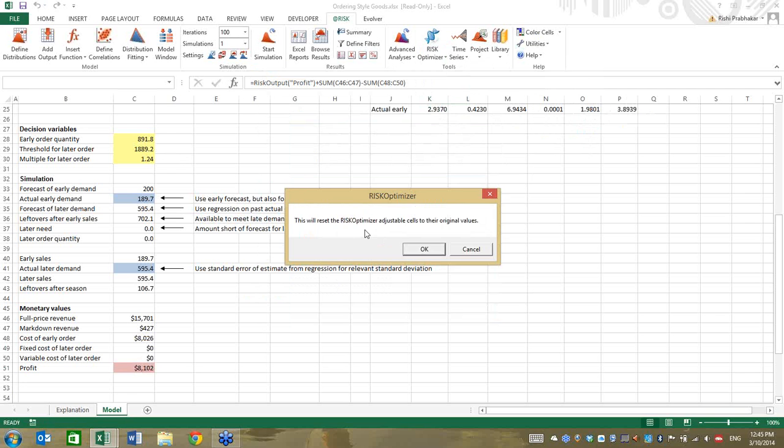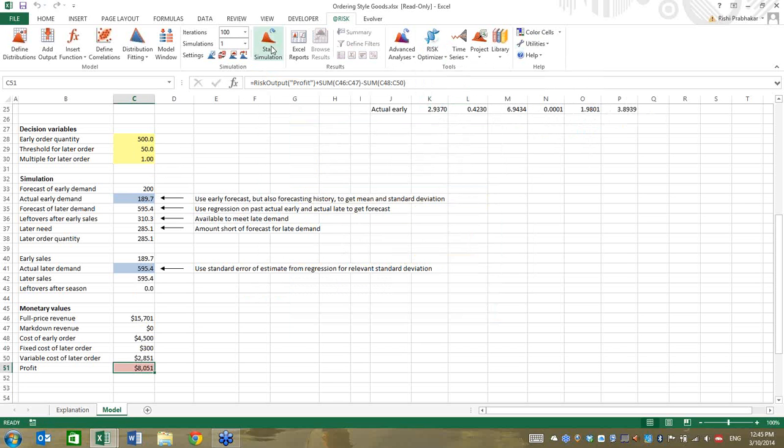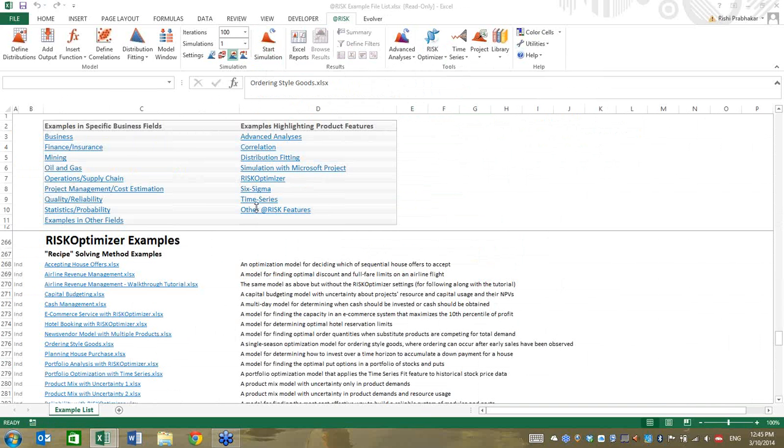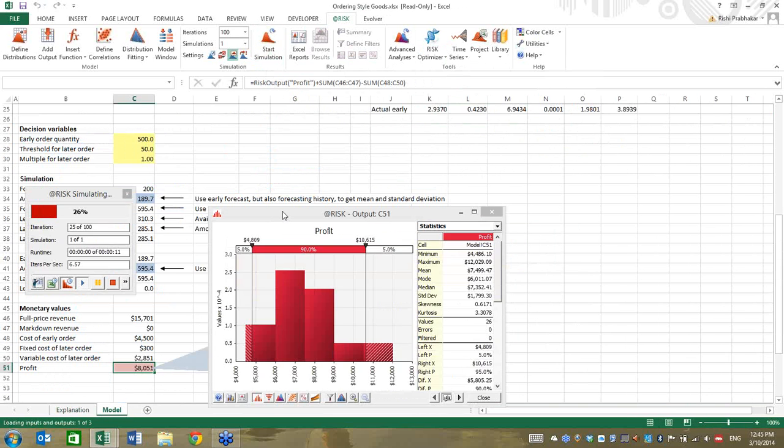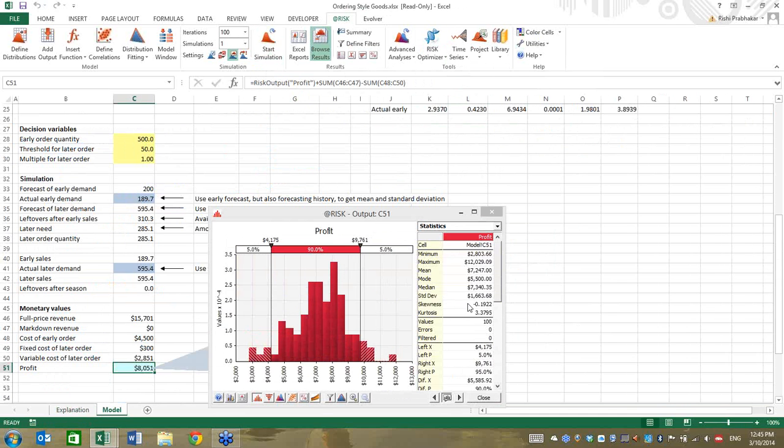So if I go back to my original solution, there's my original set of values there. And I have a quick look at the result that comes out of the basic model. Oh, I don't think I checked the button. So my initial simulation had an expected value of 7,200 and a standard deviation that was 1,600.